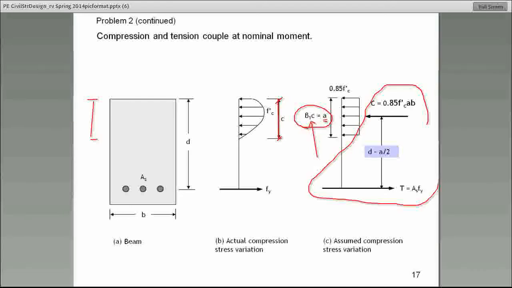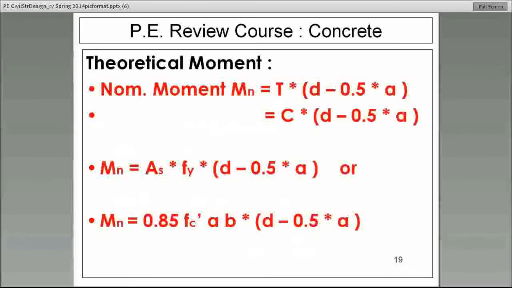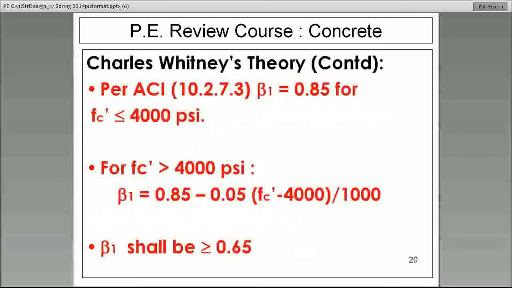All right? Now, I'm going to go forward. Here, slide number 20, it tells us what beta 1 is. And guys, sometimes they ask you this question: what is beta 1 for a given concrete? It's very simple. If you don't know it, you can sit there for the entire day and not know what they're talking about.